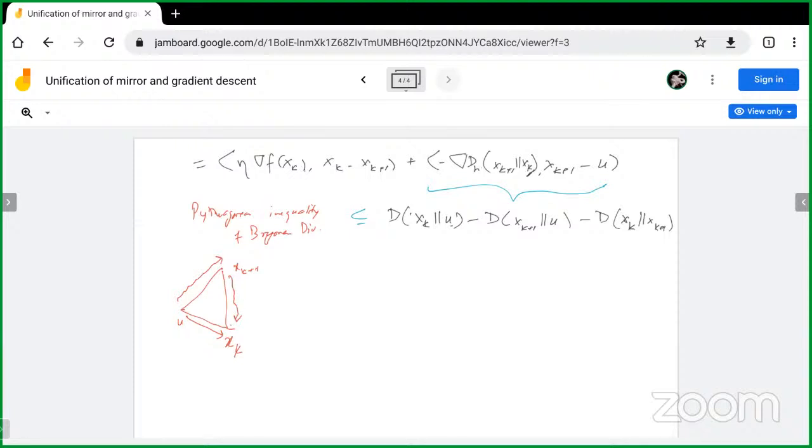And that's this quantity here. Okay, so that's the theorem which we already did in the previous class. Anyway, now let's continue this. So this is at most this.